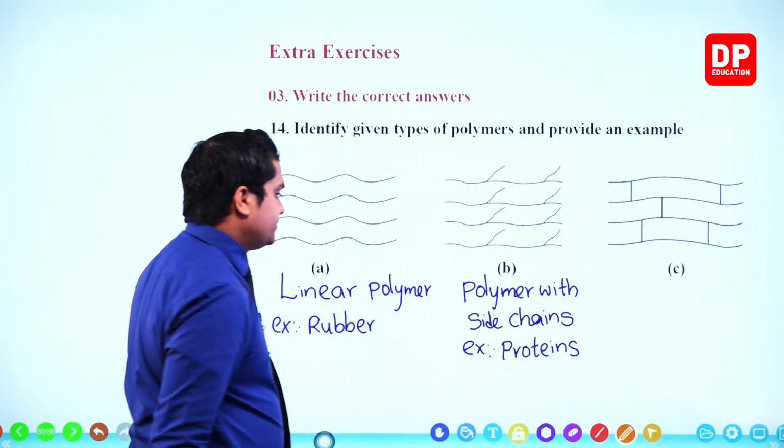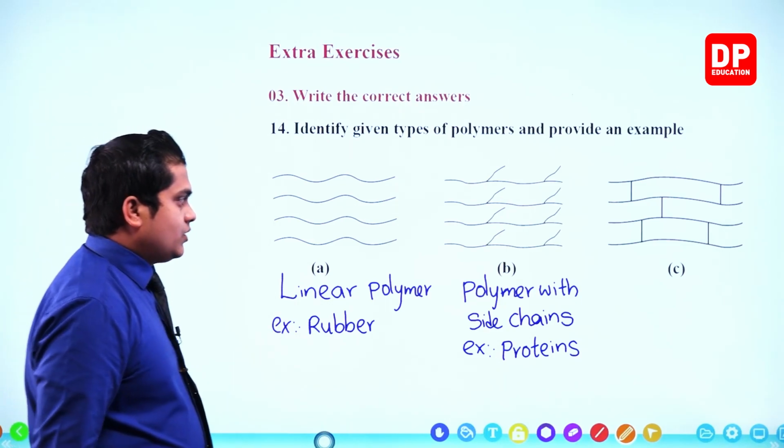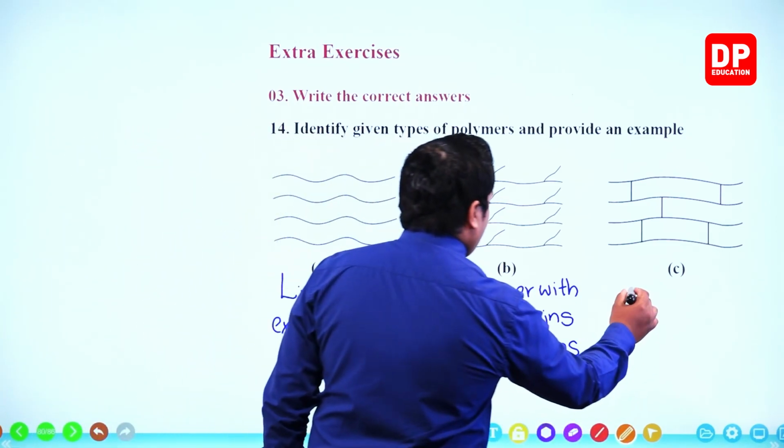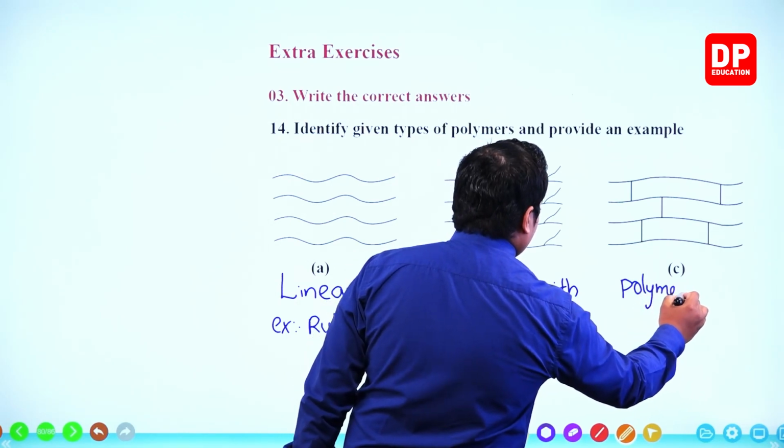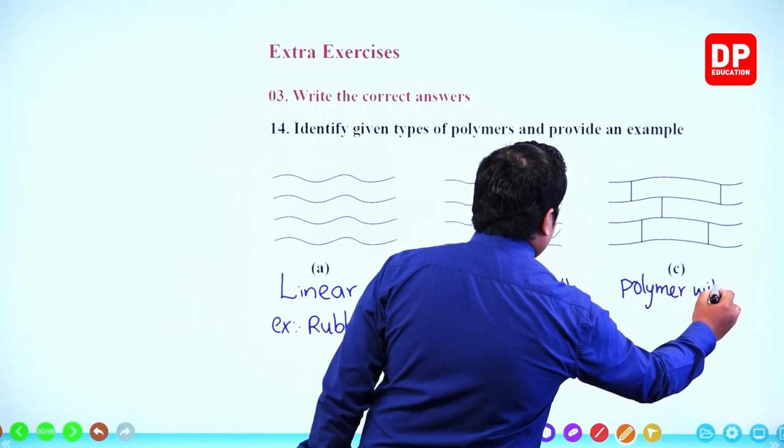Then the third one, polymer with crosslinks.